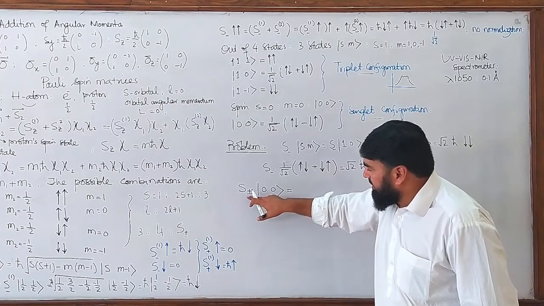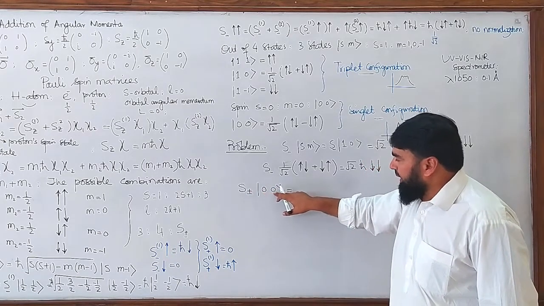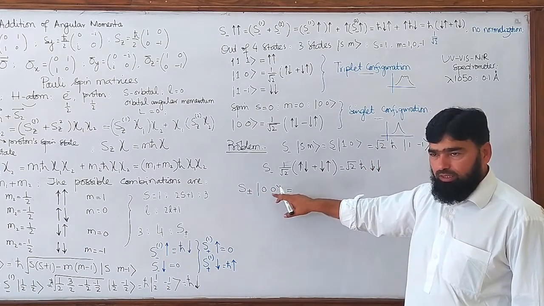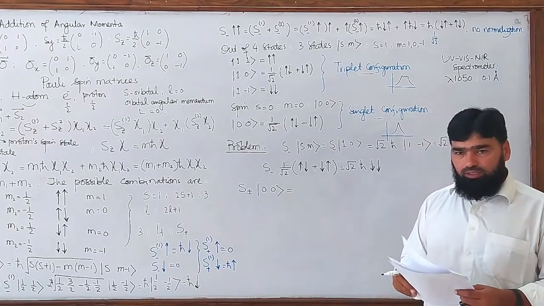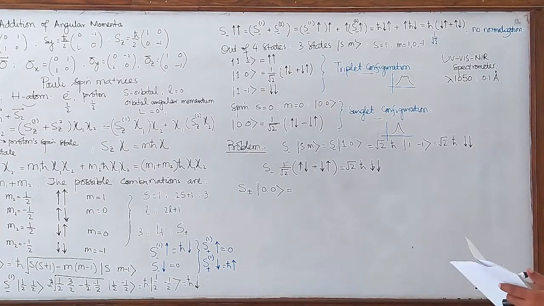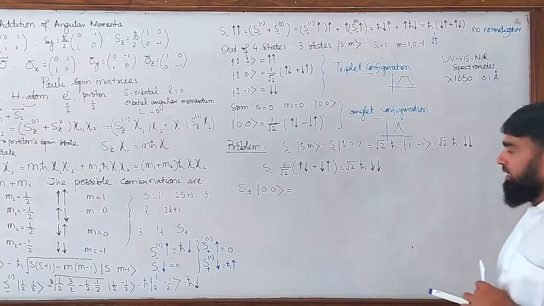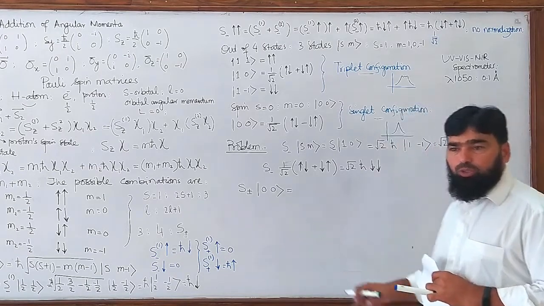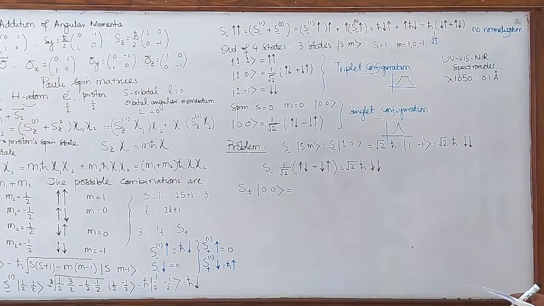So when S plus is operated on this one, what will you get? Tell me. If you operate S plus on this, what will you get? Or S minus on this 0, 0 configuration, what will you get?